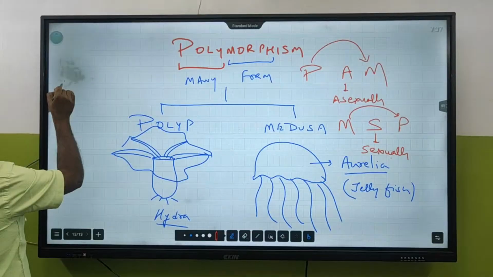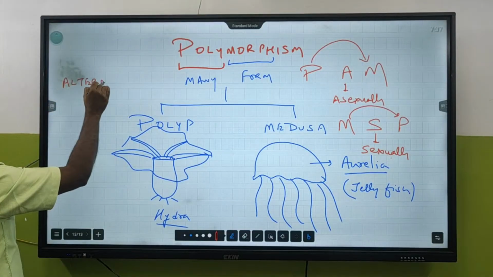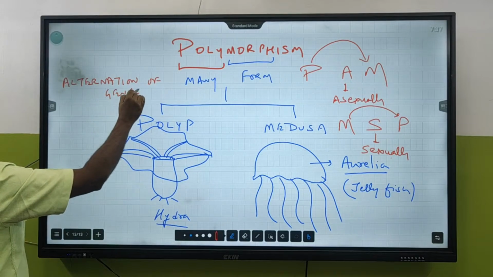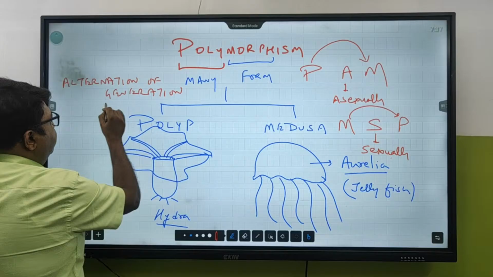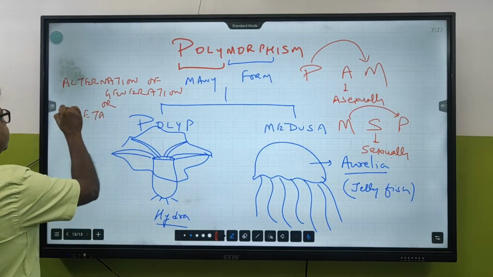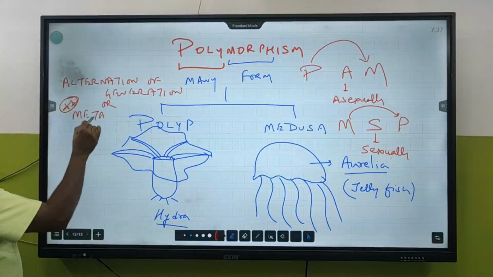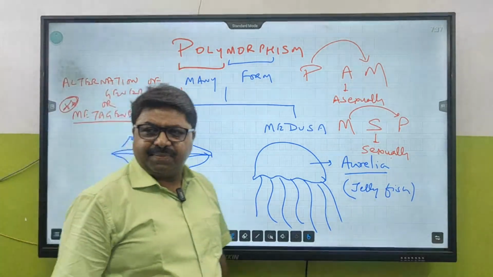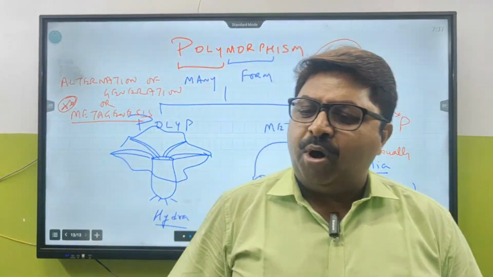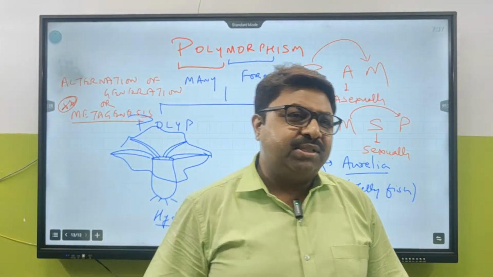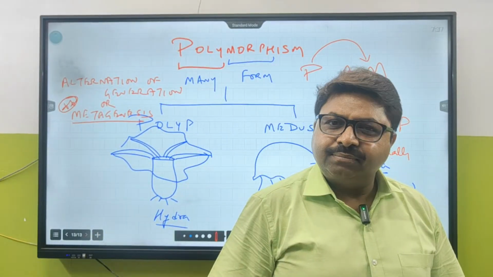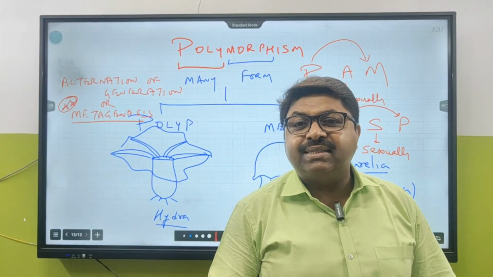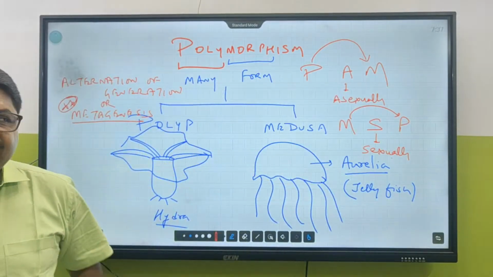This changeover is also called alternation of generation, or we can also call it metagenesis. So star mark point about all cnidarians that they can show metagenesis. Very, very important. So polymorphism is the most important term about phylum Cnidaria. Special feature: polymorphism, alternation of generation, or metagenesis.